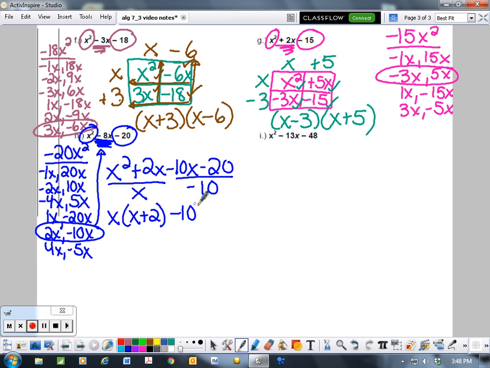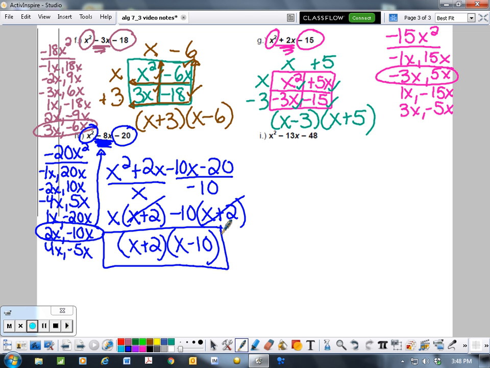This is negative 10 times x, negative divided by negative is positive, plus 2. Excellent, they match. So I pull out that common factor of x plus 2. Boom, boom. What's left behind is my next factor, x minus 10. So again, different methods, different brains, and it's okay. You pick which works best for you.